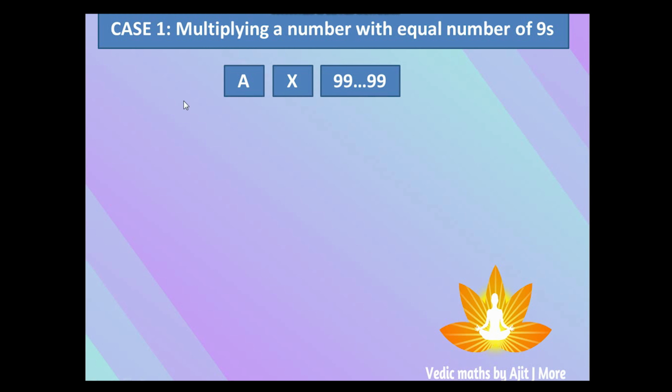Now see, we have to multiply A with a series of 9. Now how to find the answer? Your answer is always going to be of two parts. The first part is going to be 1 less than A, that is A minus 1. And the second part is so easy: you just have to subtract each and every digit of A from 9 and the last digit from 10.